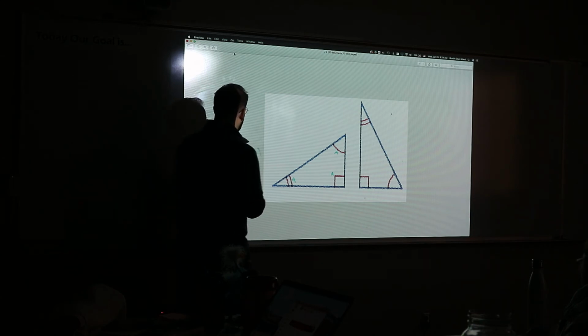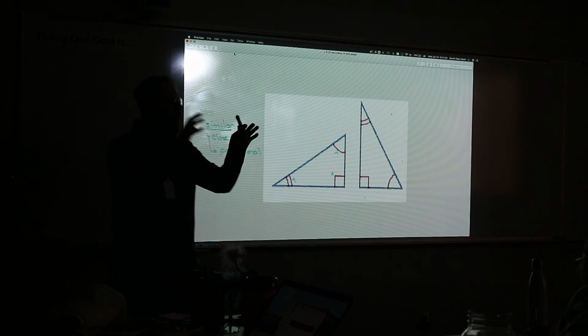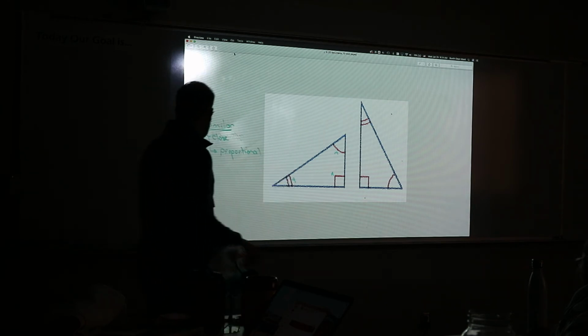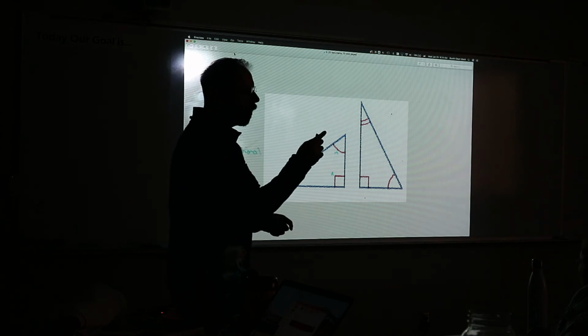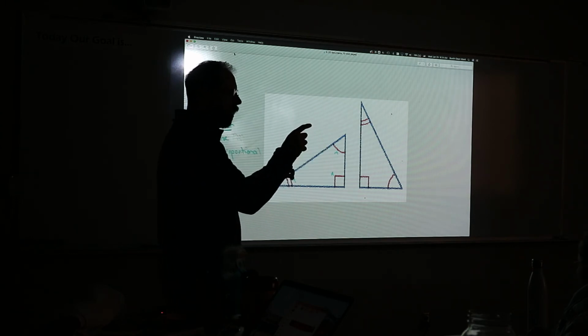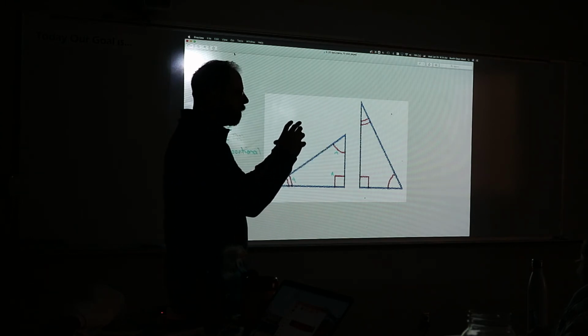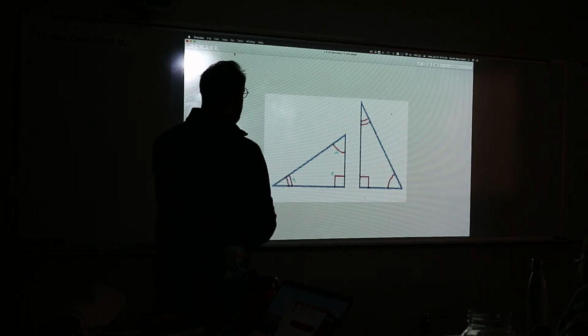What I mean by proportional, they're scales of each other. It's like the idea of if you had a real car versus a little toy model car. The real car and the model car are identical in proportion. Maybe the model car looks like the real car, but it's not the same value, right?